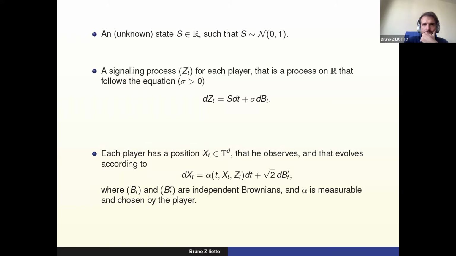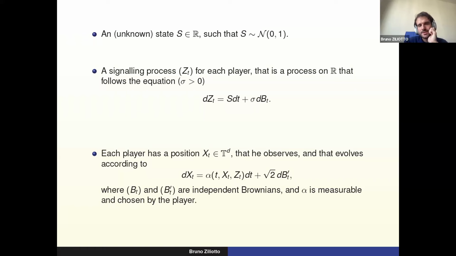The problem is that if the Brownian motions are correlated, this means that by observing my own position, I would learn something about the state.